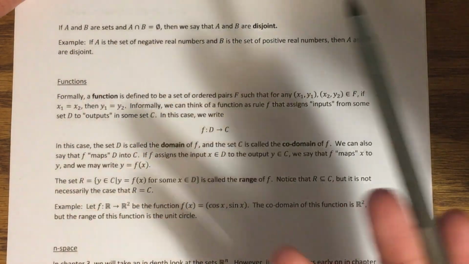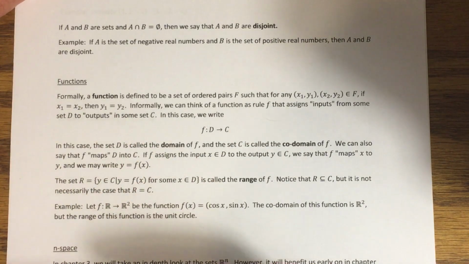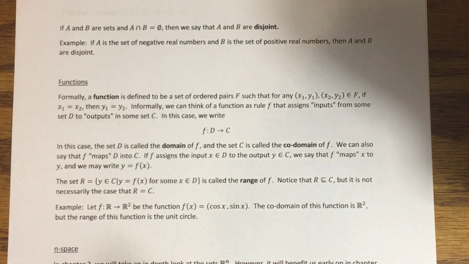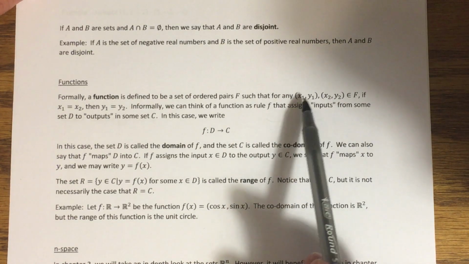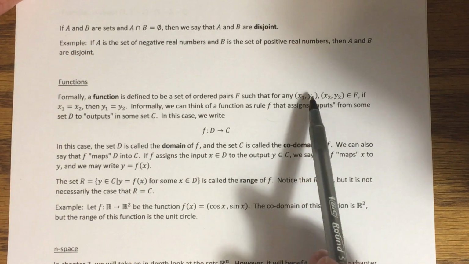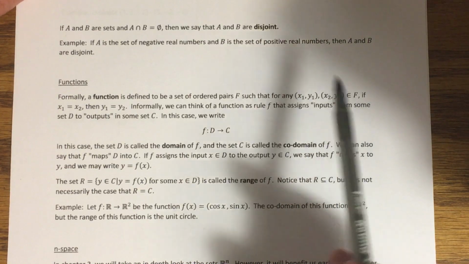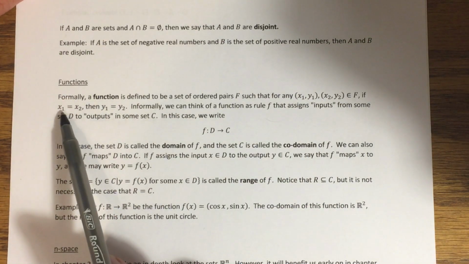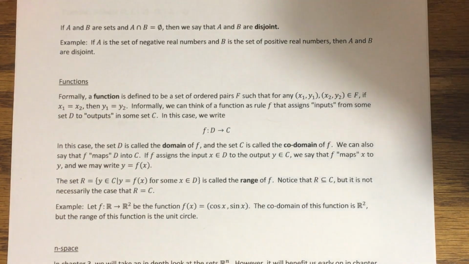I give the formal definition of a function here. Technically, if you want to go to the formal definition, functions are defined to be sets. We actually define them as sets of ordered pairs. And they satisfy this property: if (x1, y1) and (x2, y2) are ordered pairs belonging to this set that we're calling a function, then if x1 equals x2, that implies that y1 equals y2.